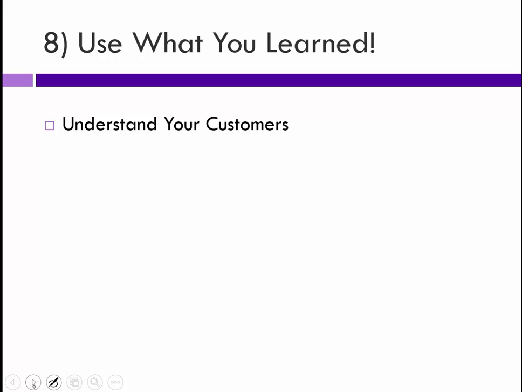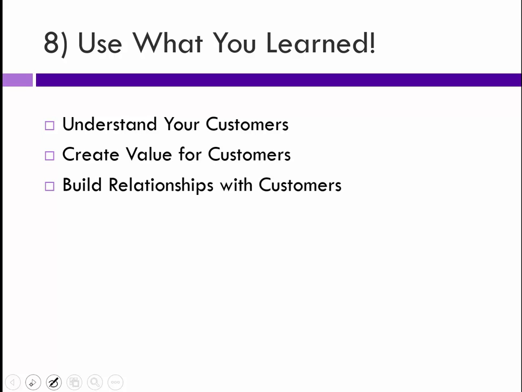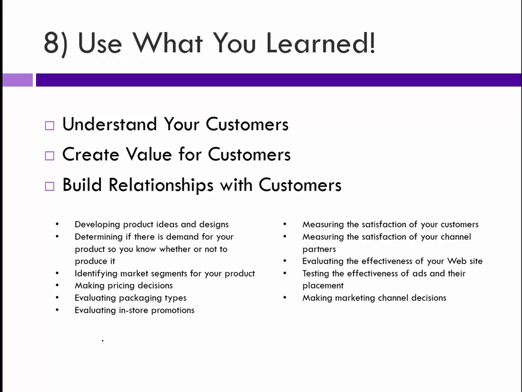And what we said at the beginning, you want to understand your customers, you want to create value for your customers, and you want to build relationships with your customers. And this was a list at the beginning of all the different things we can use this marketing research information for. But all of these again go back to these 3 things. So that's the point of the marketing research.